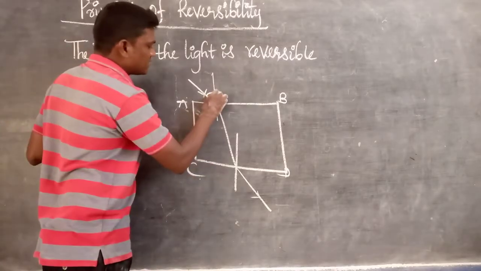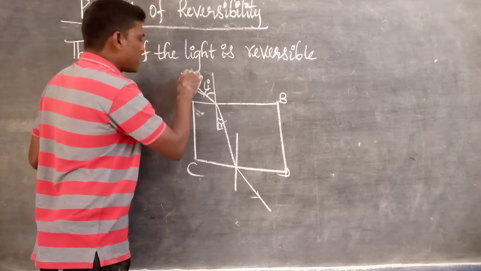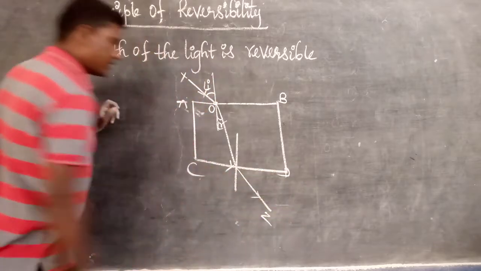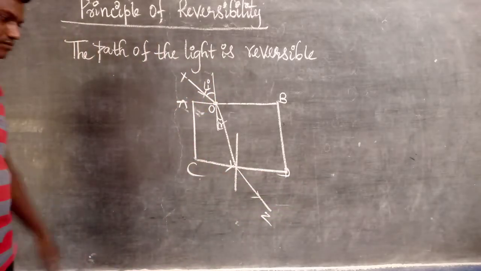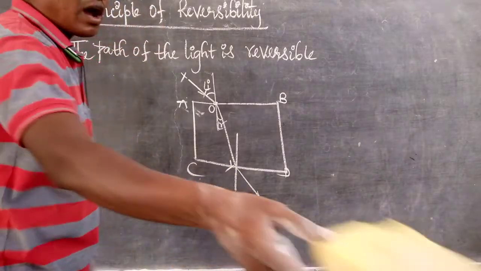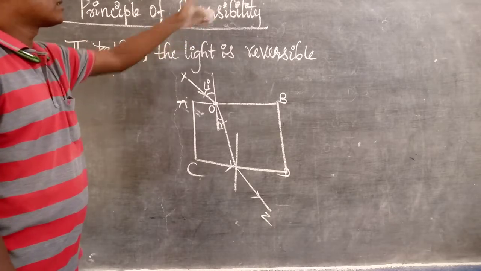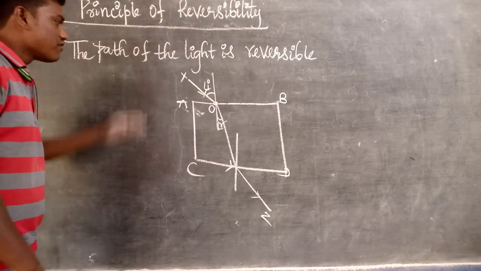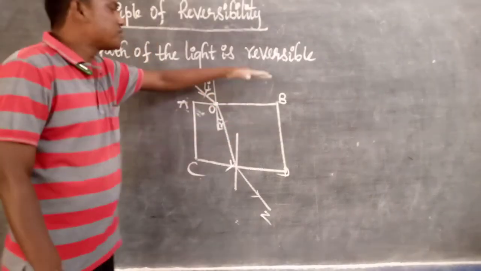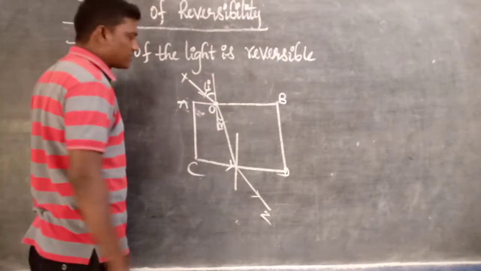This is the angle I. It is the angle R. We can say X, O, Y, Z. But we don't want YZ because our concept is the principle of reversibility. The path of the light is reversible when the light travels from rarer medium to denser medium or denser to rarer for a suitable angle of incidence.